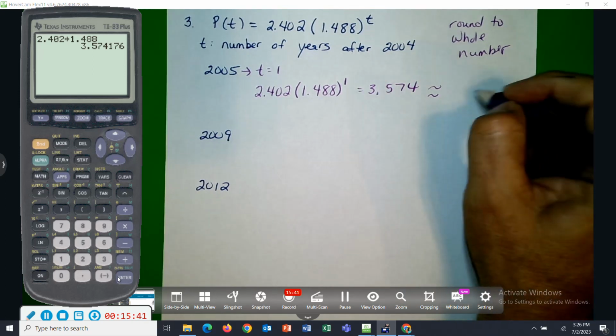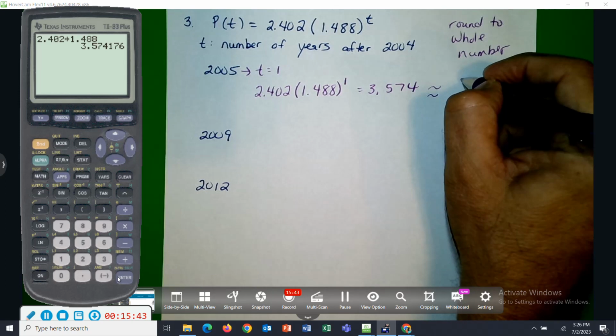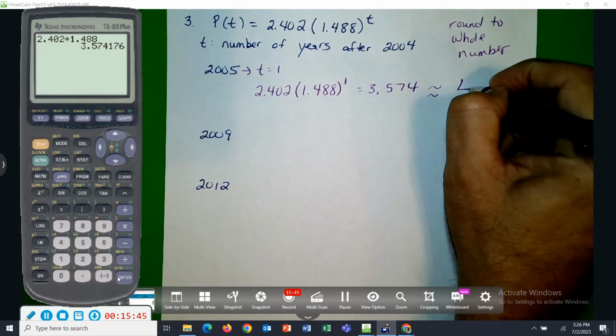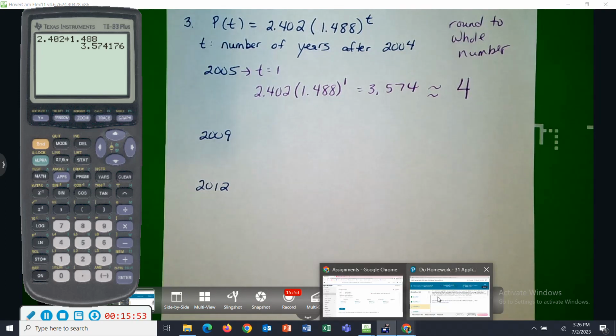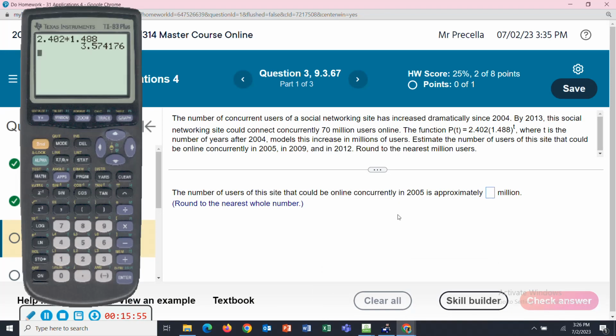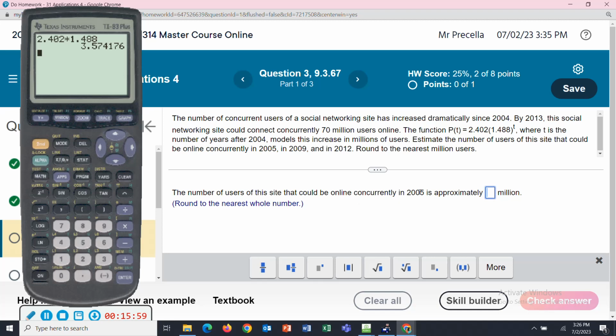What will that whole number be? Will I leave it as a 3 or make it a 4? 4. So in 2005, the number of users on the site was 4 million.